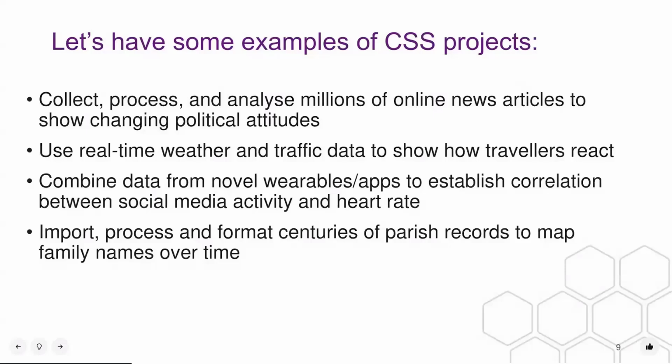You can see how this project isn't just a case of using a computer within a social science project or using a digital version of traditional social science methods. Instead, we have these uniquely computational methods. And we have some other examples too, which include combining data from novel wearables or apps, maybe to establish a correlation between social media activity and heart rate.